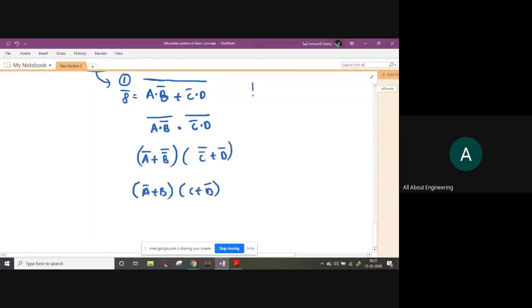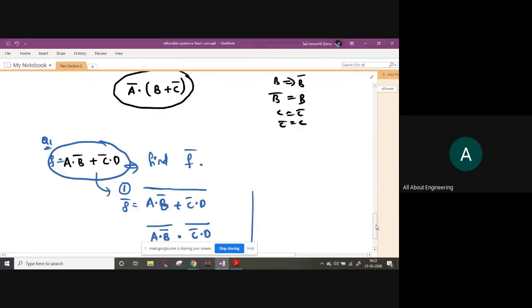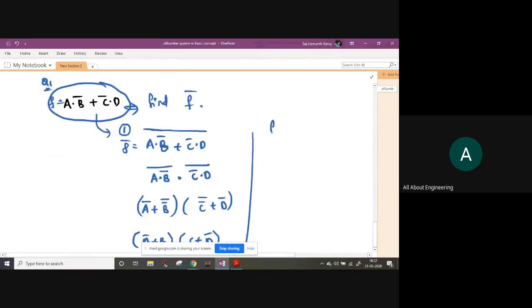So this is one way. Now let's solve with another approach. Let me find the dual. The dual of this function is a plus b bar and c bar plus d. Now you complement each literal. So the complement of the function is a bar plus b and c plus d bar.